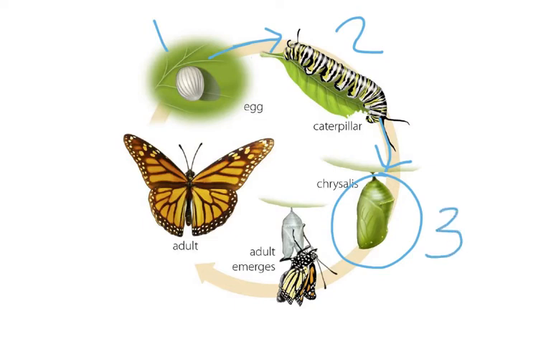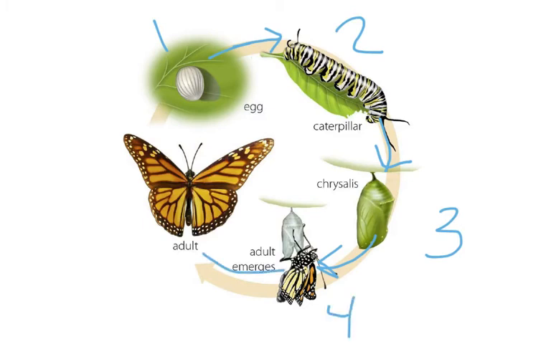So in this chrysalis, the caterpillars start changing. Soon they lose all their little legs that they had as a caterpillar, and they just grow to have 2 big legs, and they then grow wings, and their body changes and they become a butterfly. So this is step number 4 for a butterfly.